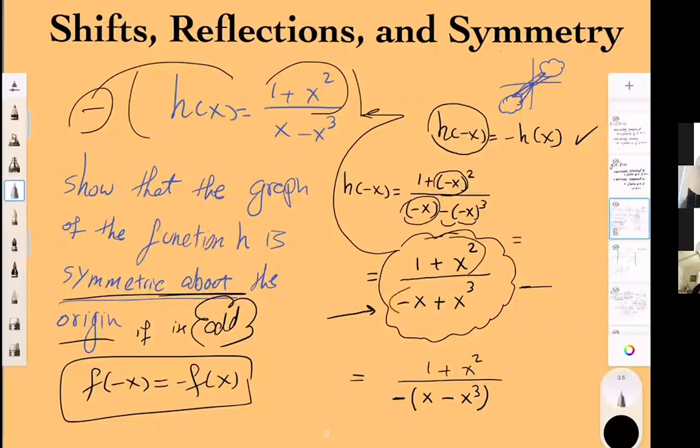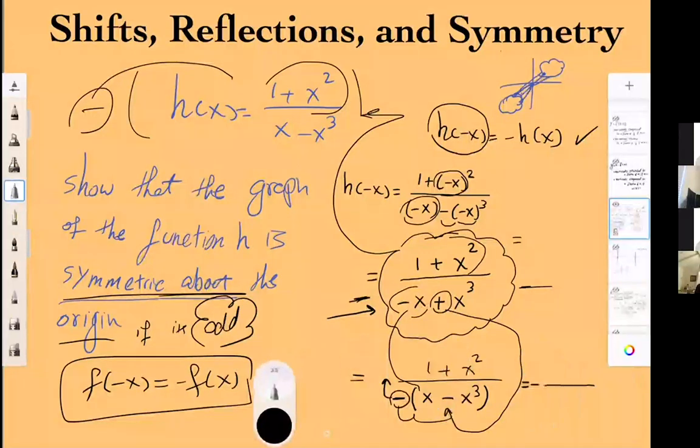Then the negative x becomes positive x, and this positive becomes negative x cubed. That means if I multiply back by negative, I get the same thing as this one. So now I'm going to move this negative over here. So this will be negative 1 plus x squared, x minus x cubed. Correct?